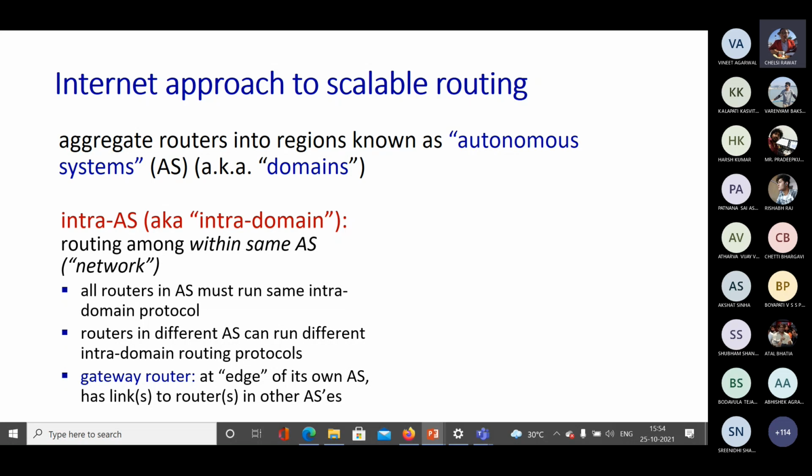This is a very important part of intra-AS routing and even the entire system of scalable routing using autonomous systems. The gateway routers are present at the edge of a given AS, and they act as gateways between the devices outside the given AS and the other devices connected to this AS.